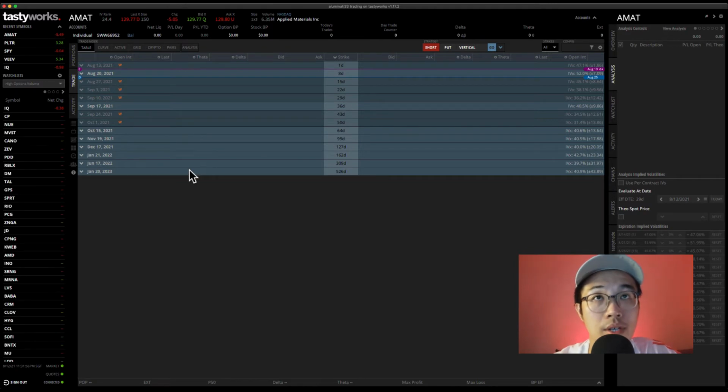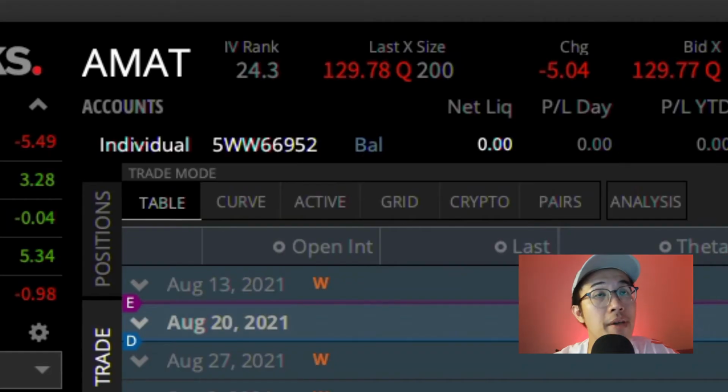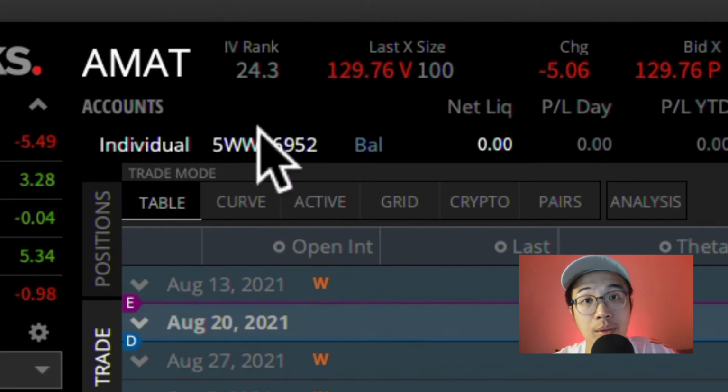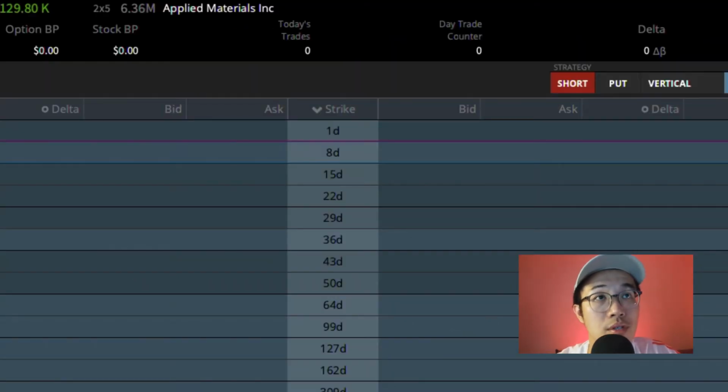So we come over to the Tastyworks platform. AMAT, we see that the implied volatility rank is 24.3. Anything above 20, we can look to sell premiums in. We're going to choose the expiration that's 36 days to expiration.